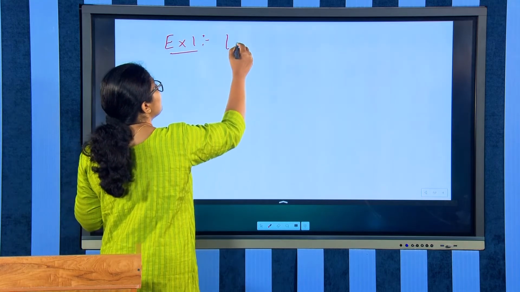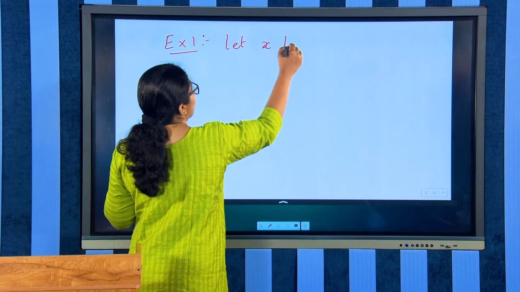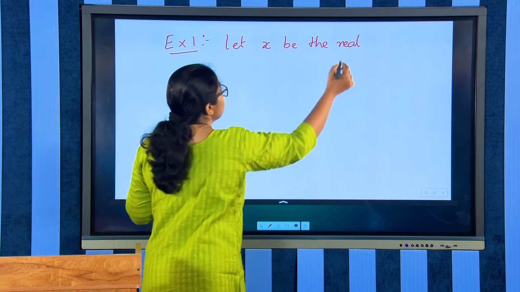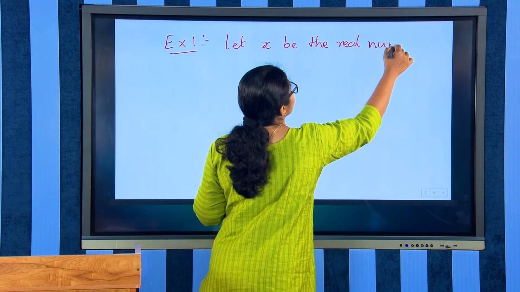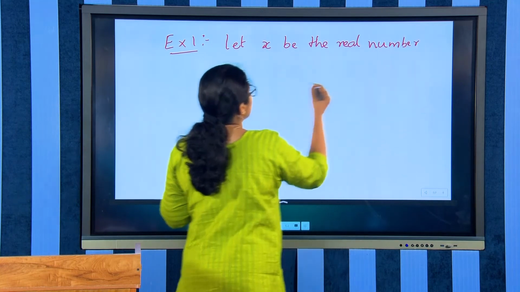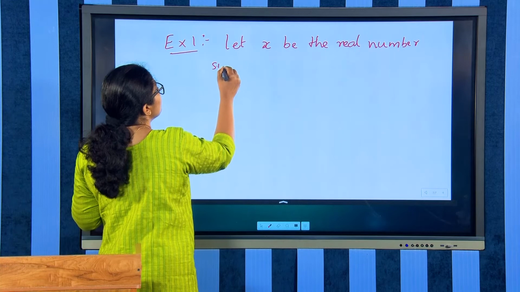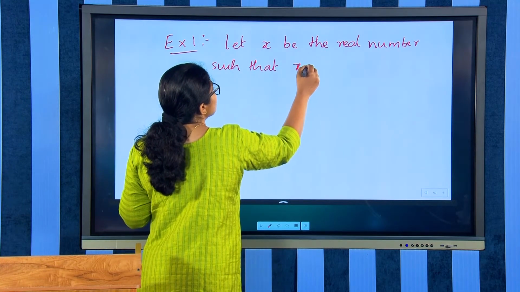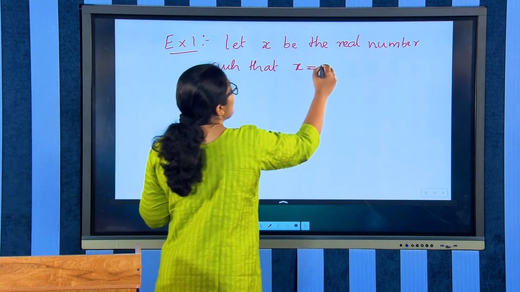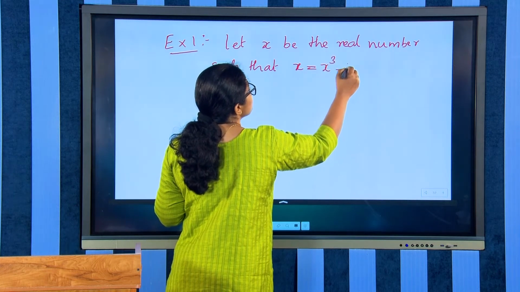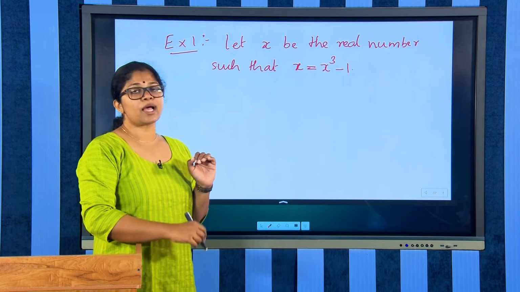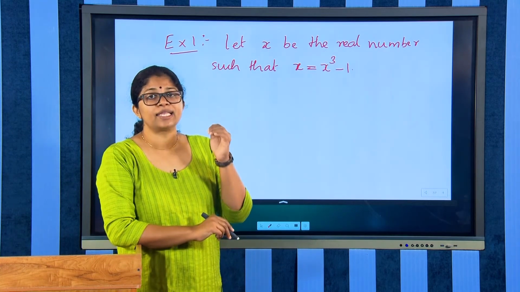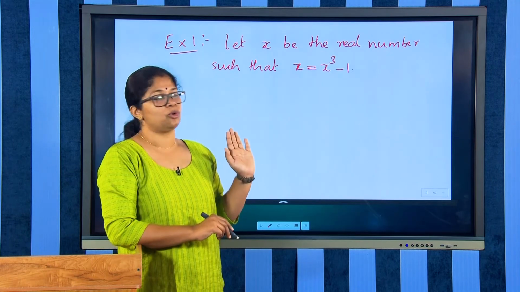So, let x be the real number such that x is equal to x cube minus 1, because we are asked to find whether a real number exists which is exactly 1 less than its cube.